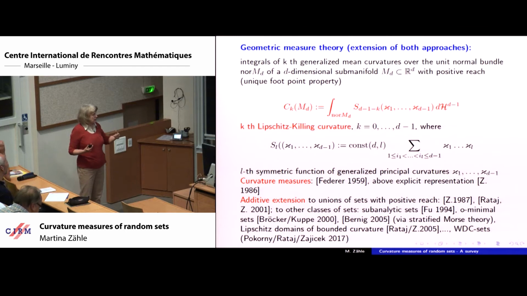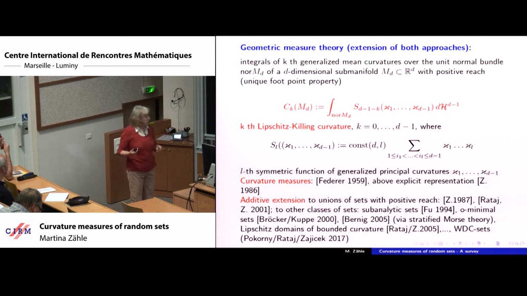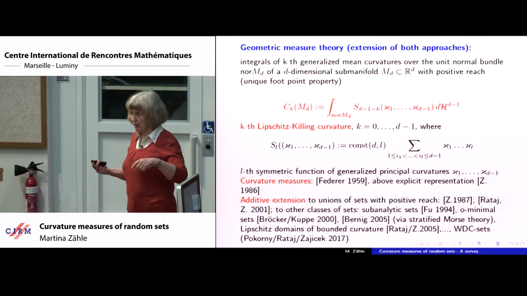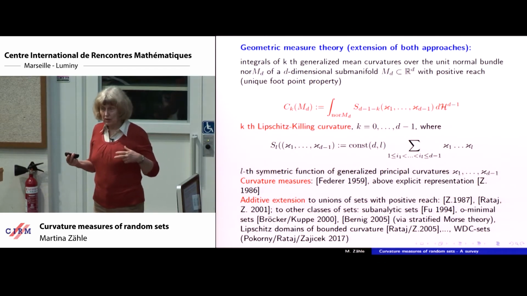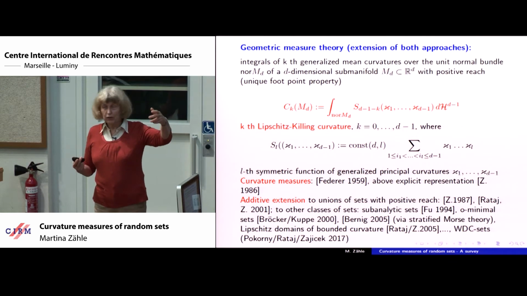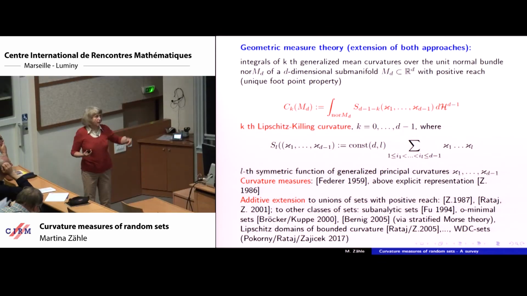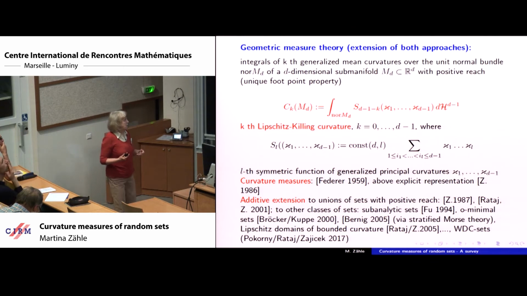I think they contain at least many of those other models. And all the applications in stochastic geometry I will present in the next slides can be considered in the more general context of one of these classes. When I started with this approach, I always considered finite unions of sets with positive reach, or locally finite unions of sets with positive reach.